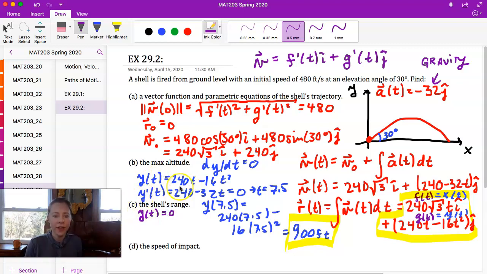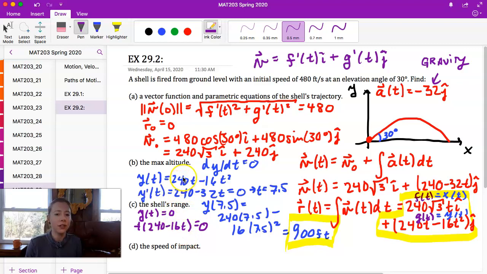So using y of t, t times (240 minus 16t) is equal to 0. And now we have to solve for the two times that y is 0.